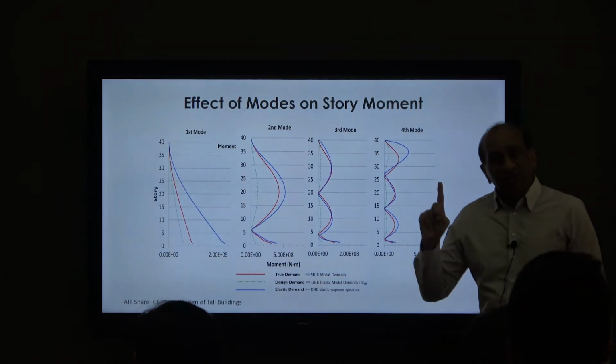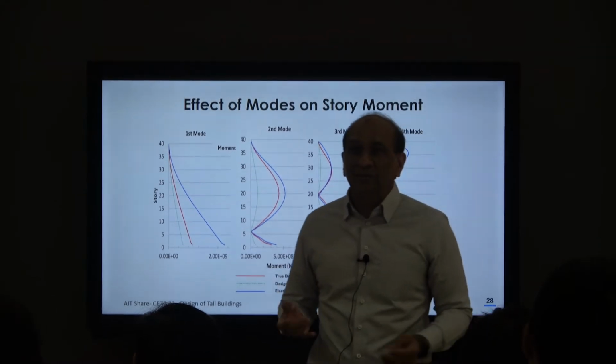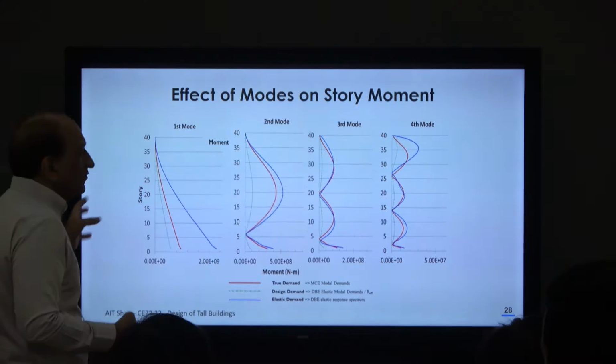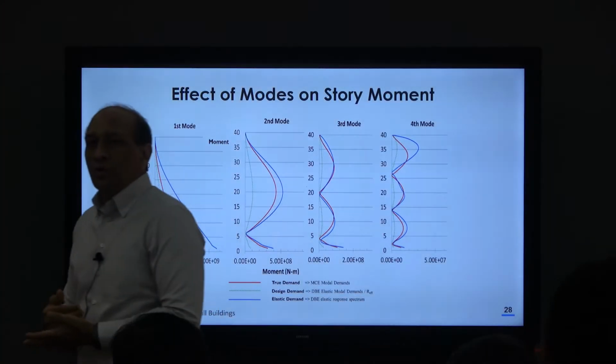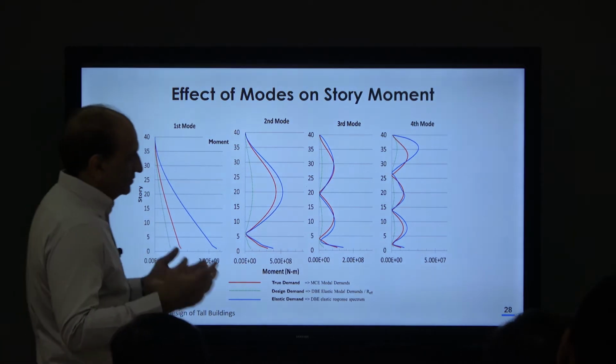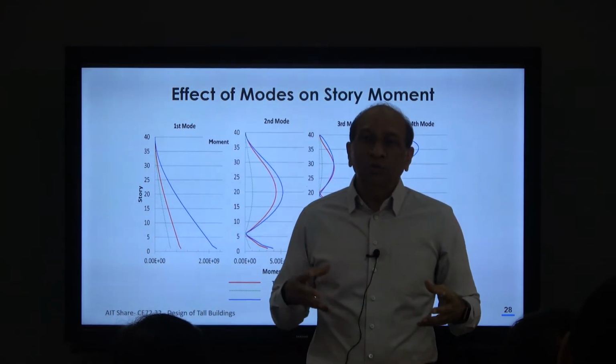Okay, so that tells us that there's a lot going on in a building. I just showed you the first 9 modes, not even going to much higher modes, right? So each of those has a lot of significance. The higher modes are very important for tall buildings. The building codes, which I keep not criticizing, I keep saying that they are not applicable to tall buildings.